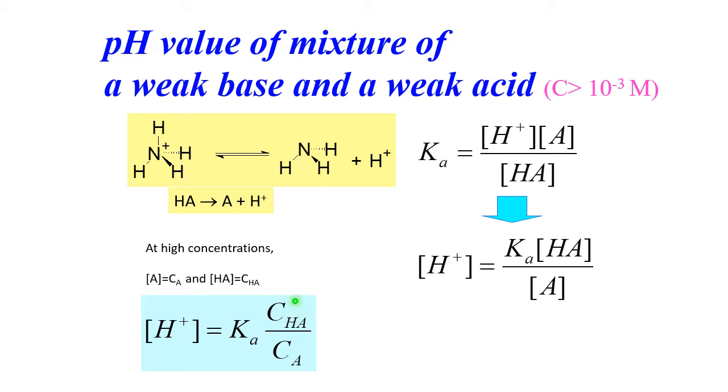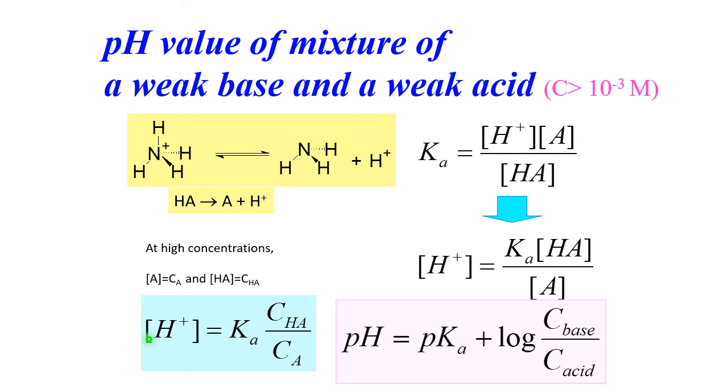Instead of HA, the same way I am writing CHA. So this is total, this is total. We know these two numbers and we know Ka, so we directly calculate this number. If we take log, we'll have pH equal to pK plus log concentration of base above the line, concentration of acid below the line, and this is decimal log.